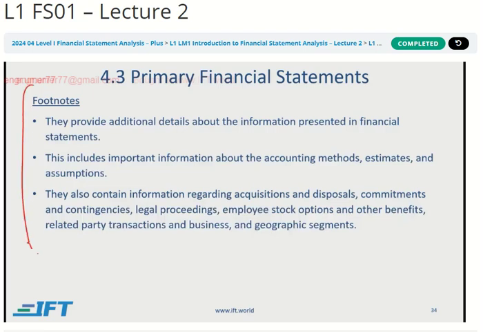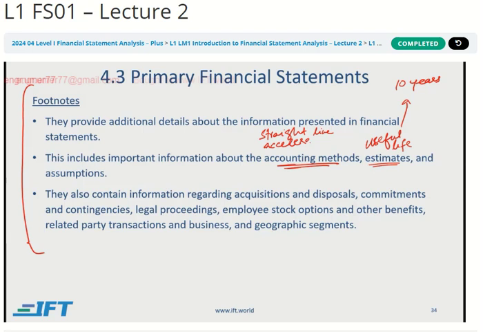Footnotes, as discussed, include estimates such as useful life of assets and accounting methods. Building on the depreciation example, whatever the useful life, let's say 10 years for a certain machine, you could do it in terms of straight line, or you could do it in terms of an accelerated method.